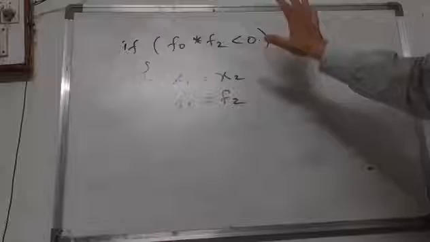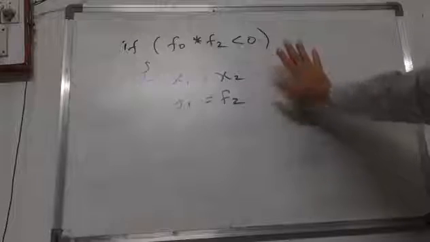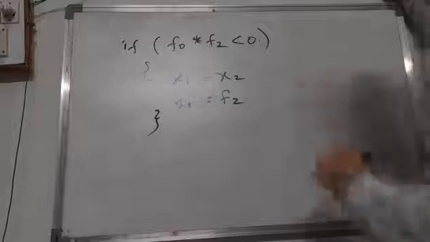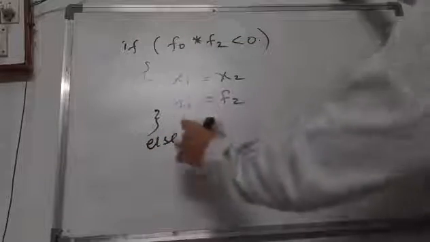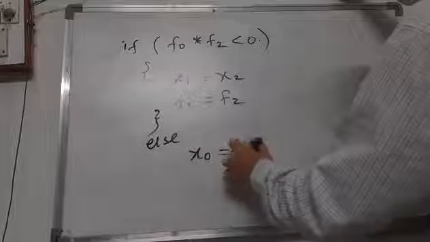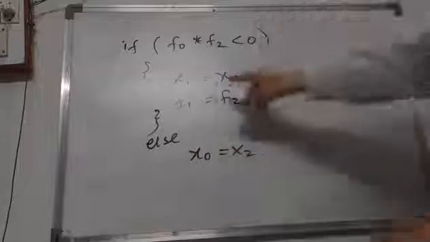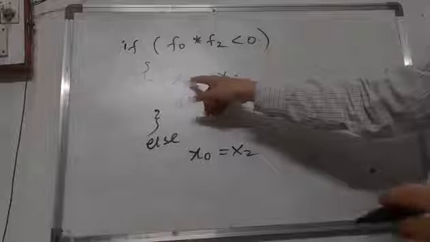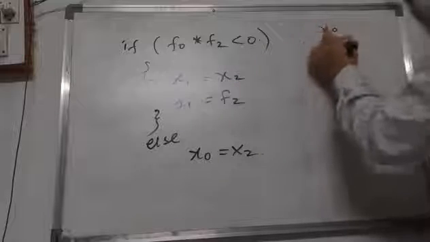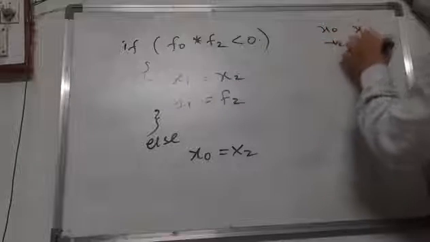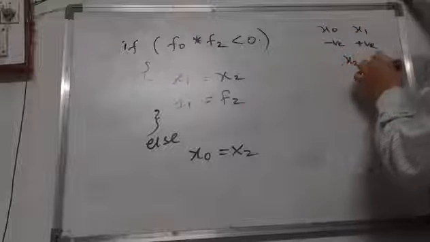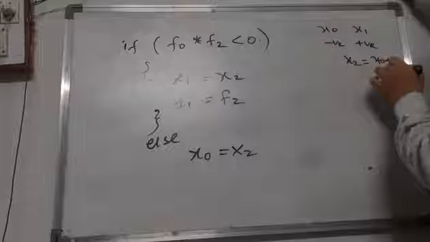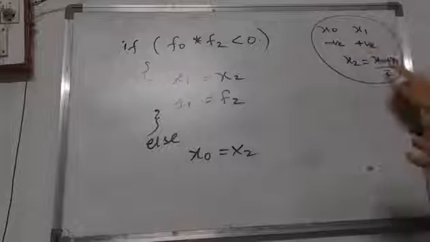If this condition fails, then it will go to the next statement, that is else: x0 is equal to x2, it will take the opposite value. Suppose we have chosen x0 negative and x1 positive, and after getting the x2 value, that is x0 plus x1 by 2, we got some x2 value.